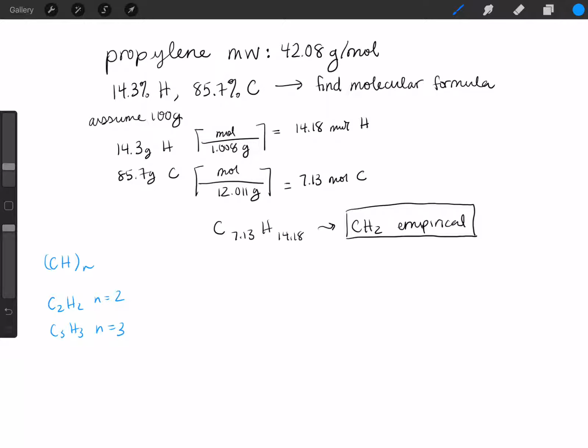So C2H2 is an actual compound, it's acetylene. And it has an empirical formula of CH, because that's its simplest form, right? And its N is 2. That means that acetylene has the same ratio of C to H. It's just twice, right?